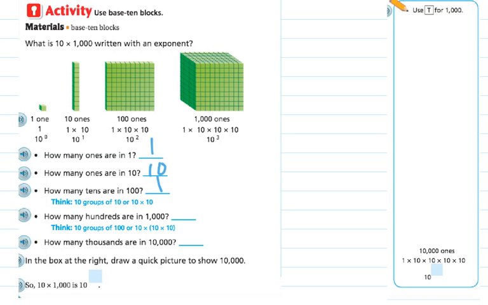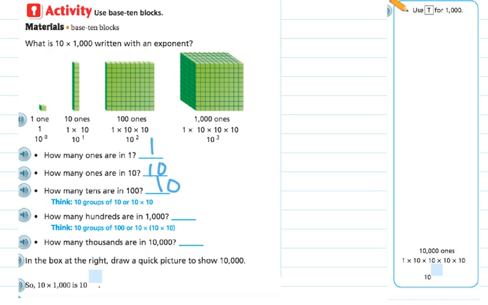There are 10 10s inside of 100. And it says to us, to remind us, think 10 groups of 10, or 10 times 10, which would give us 100 ones.